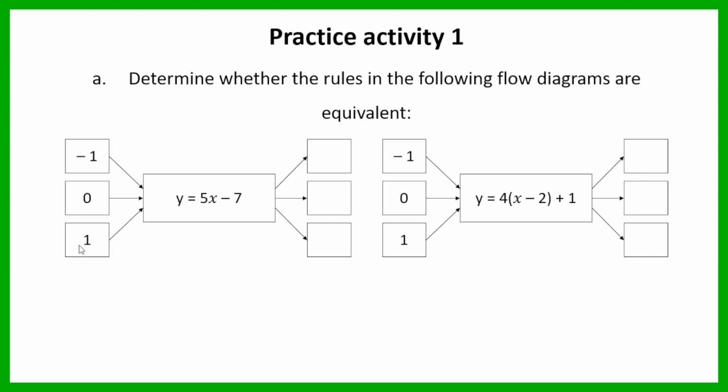I'll be comparing this output over here and this output over here because these 2 inputs are the same. I'm going to be comparing to see if the outputs for the matching inputs are the same as each other. And if all 3 outputs over here are the same as all 3 outputs over there, because the inputs are the same, I can then say that the expressions are equivalent.